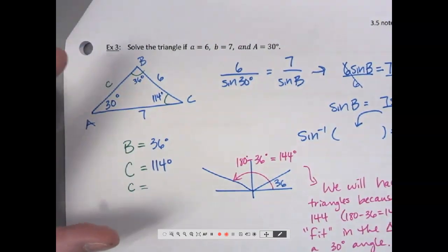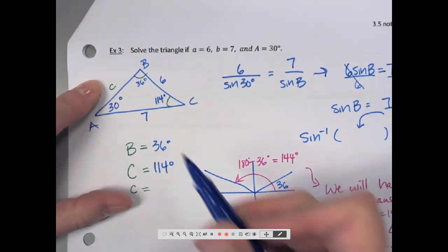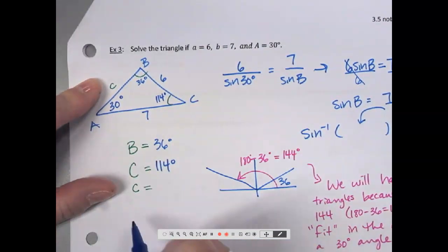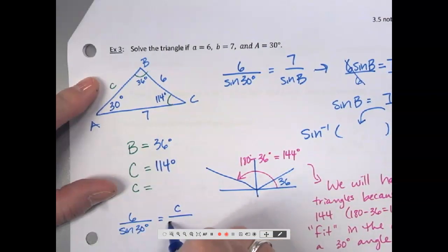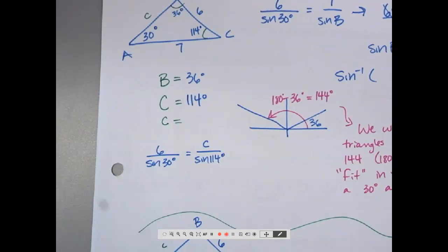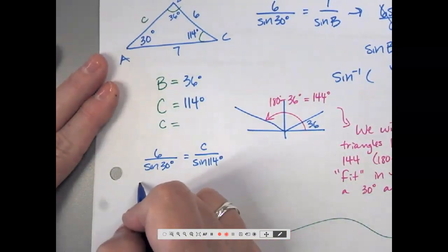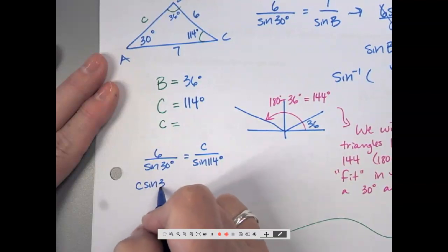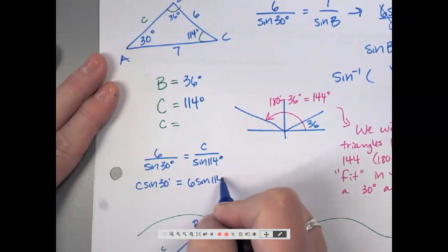And then I just have to use law of sines one more time to find side C. So again, I'm going to use that pair that I was given, the 6 over sine 30, because I didn't round anything there. And then I'll use the C over sine of 114. Okay, we're going to cross multiply: C sine 30 equals 6 sine 114.